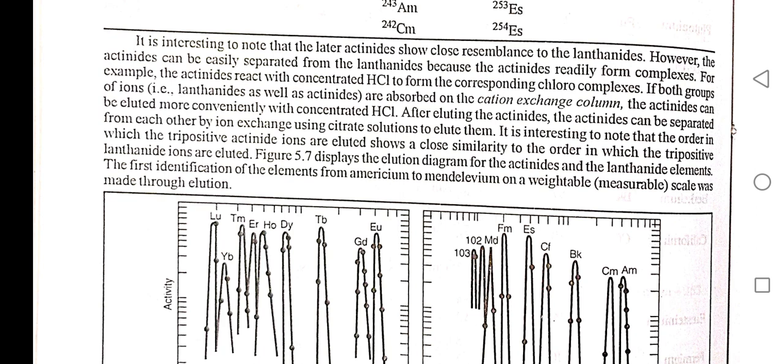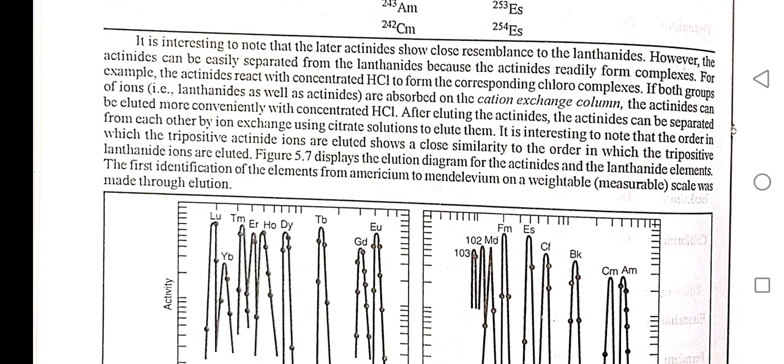However, the actinides can be easily separated from the lanthanides because the actinides readily form complexes. For example, the actinides react with concentrated HCl to form the corresponding chloro complexes. If both groups are eluted with concentrated HCl, the actinides can then be separated from each other by ion exchange, using citrate solution to elute them.